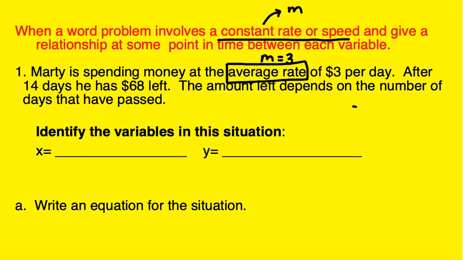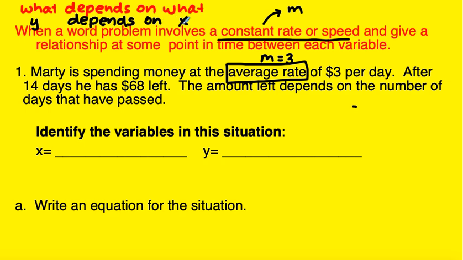Well, every time we look at a word problem, we have to identify our variables. And in these, you have to figure out what's your x, what's your y. So remember, back when I taught you about functions, I said you should always ask in word problems one question. Ask yourself, what depends on what? The reason you want to ask that is because y always depends on x.